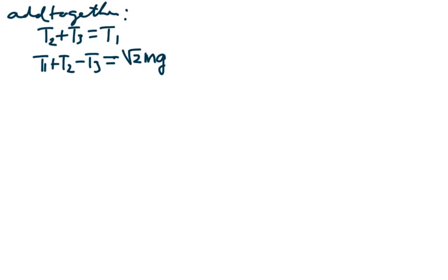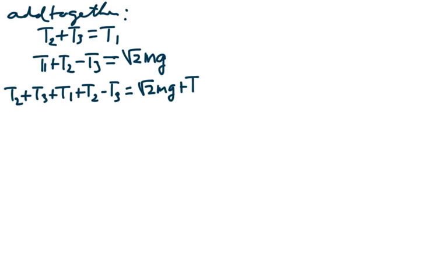Add everything on the left-hand side together, everything on the right-hand side together, so we end up with T2 plus T3 plus T1 plus T2 minus T3 is equal to the square root of 2 mg plus T1.